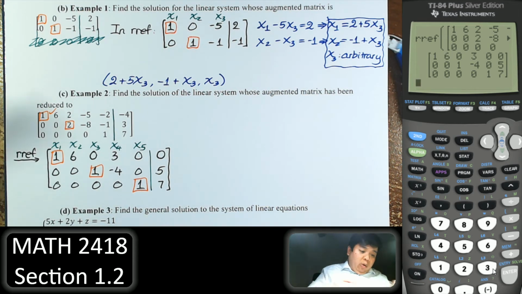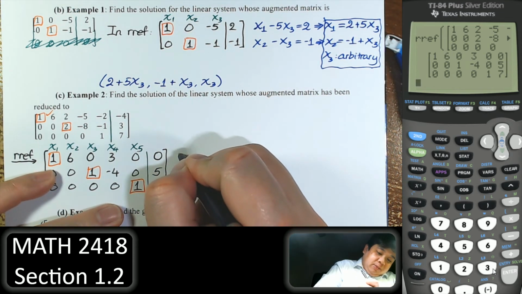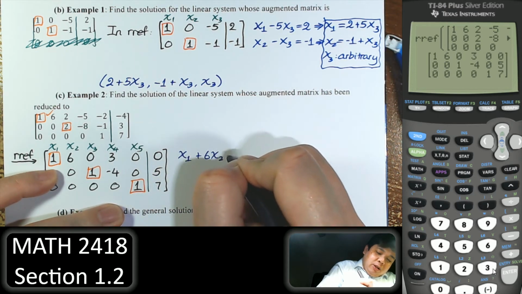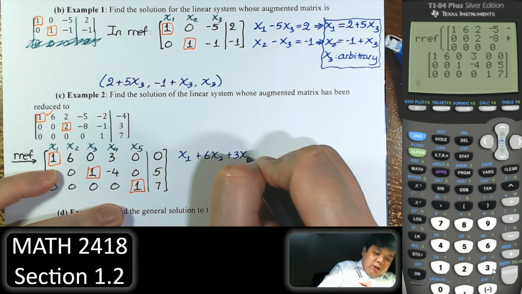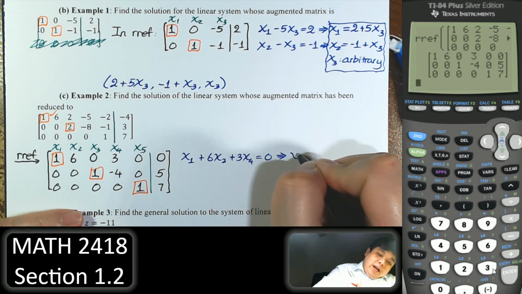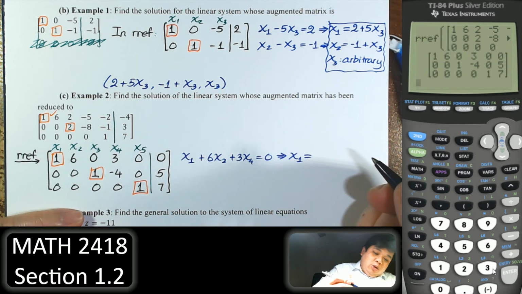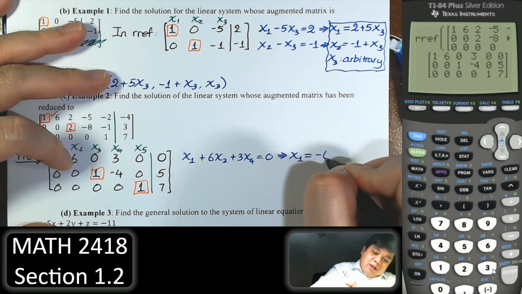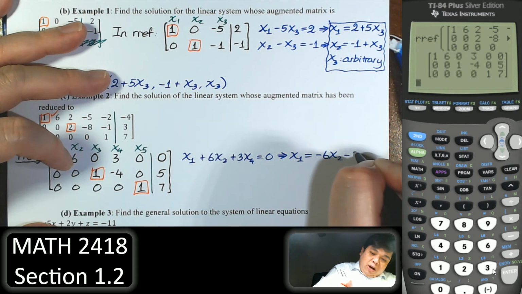Right, so we will rewrite this as x1 plus 6x2 plus 3x4 equal to 0, which we solve: x1 is equal to 0 minus 6x2 minus 3x4.